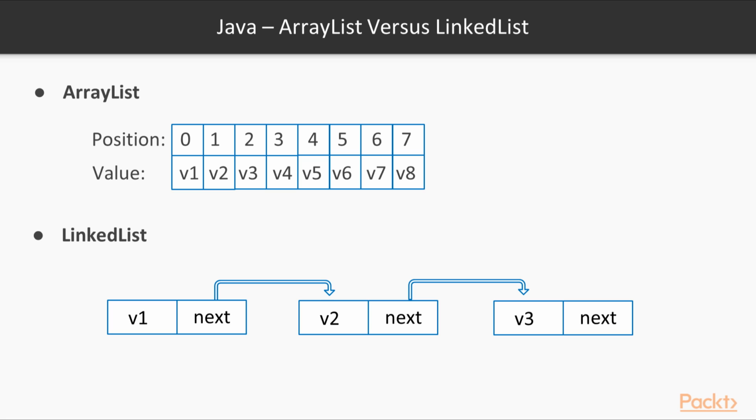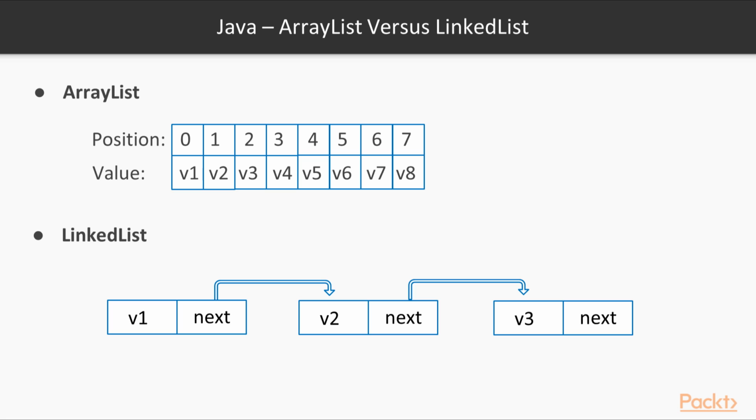A linked list, however, while to the developer it may look similar to an array list, since the class implements the same list interface, differs in the actual code implementation. Each value is stored in what we can call a bucket. Each bucket has two elements, one cell for the actual value, and the second cell that is pointing towards the next bucket.